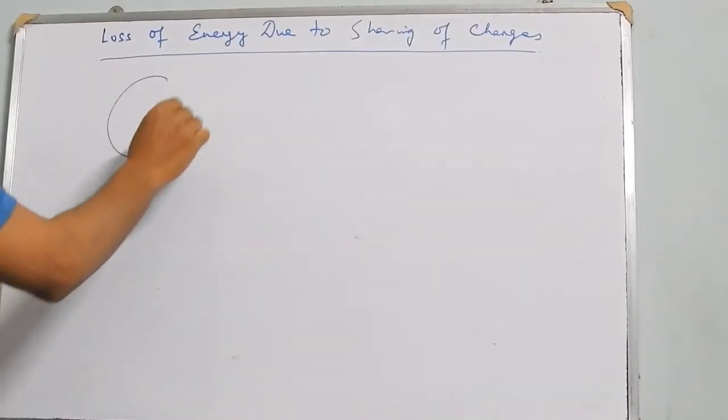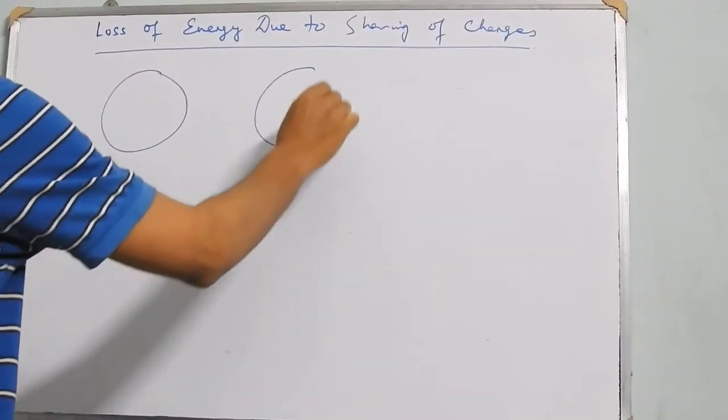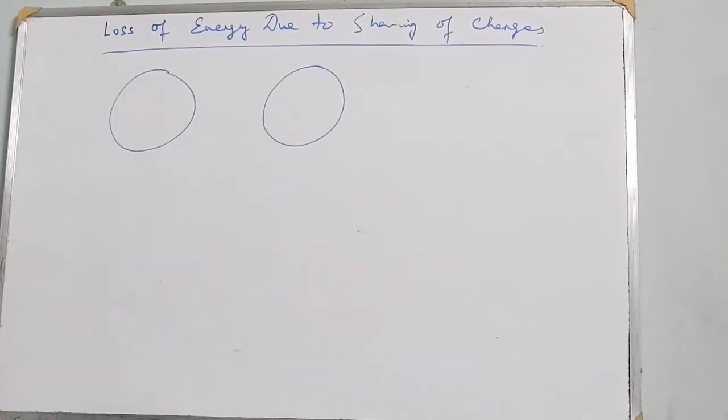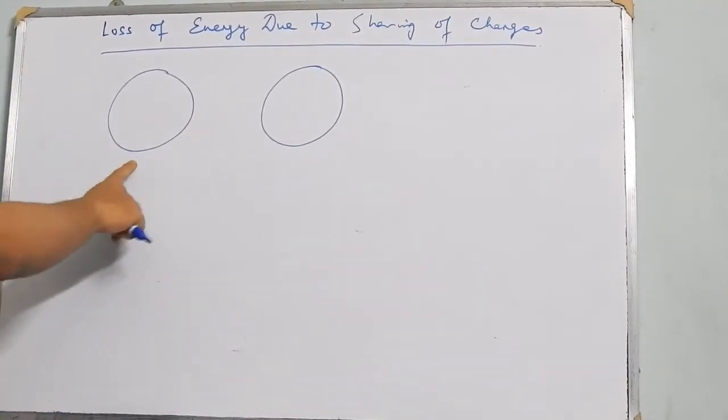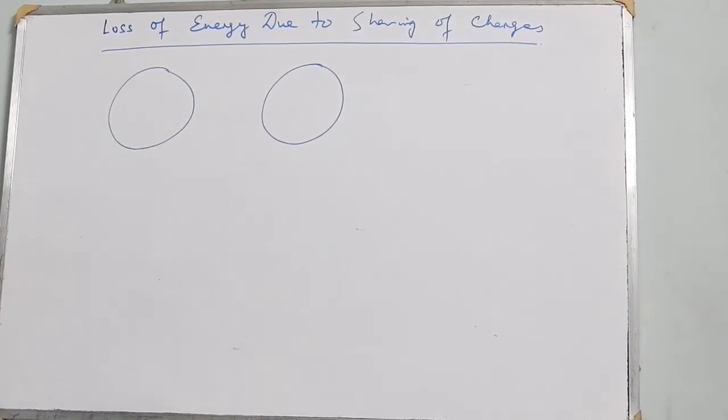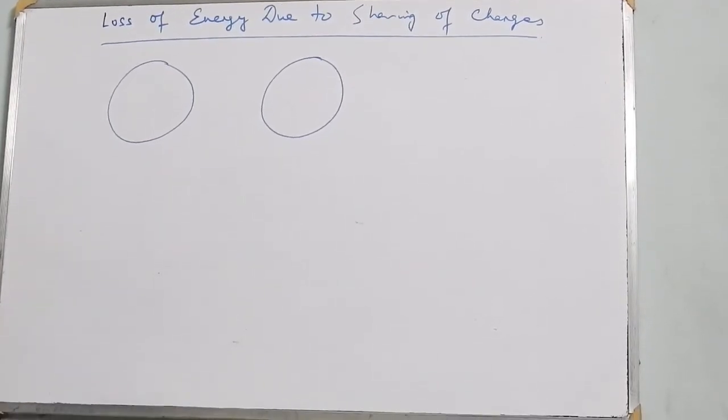Suppose we consider two conductors. The shape does not matter. It is not necessary that because I have drawn a spherical shape, the conductors will be spherical only. It can be any two types of conductors.